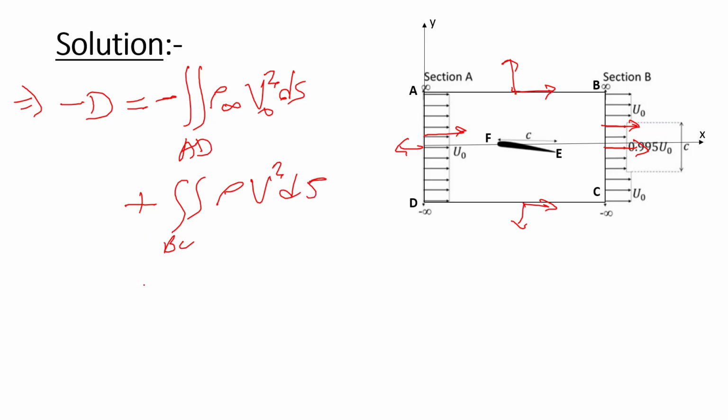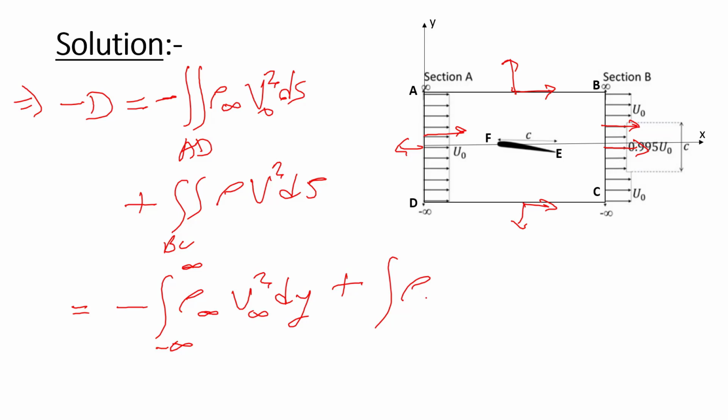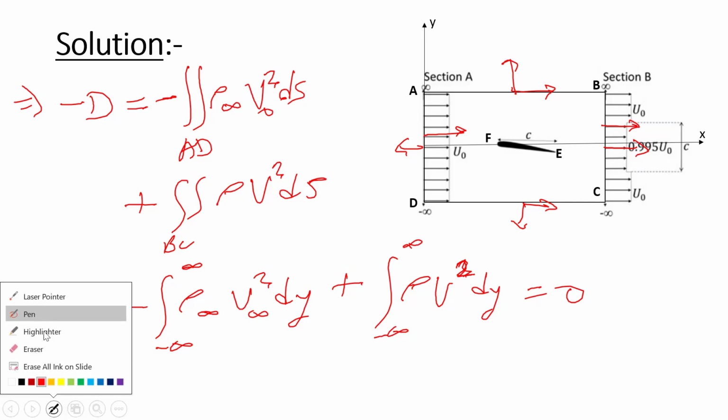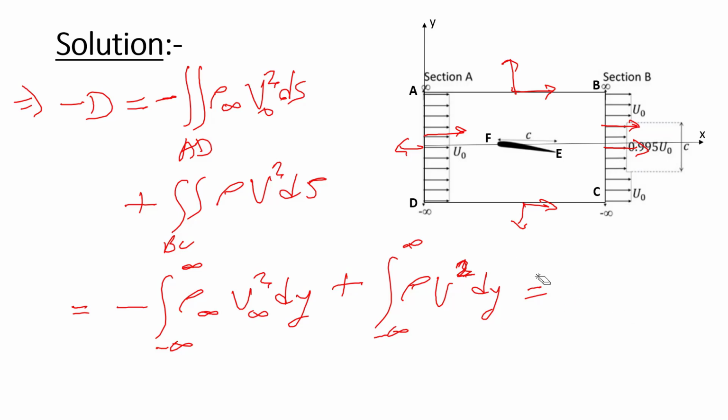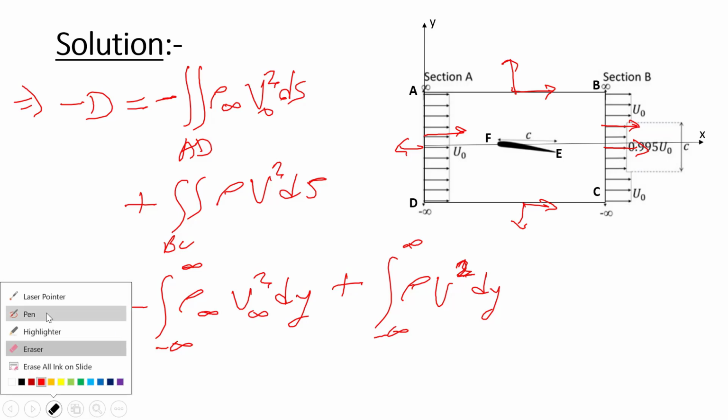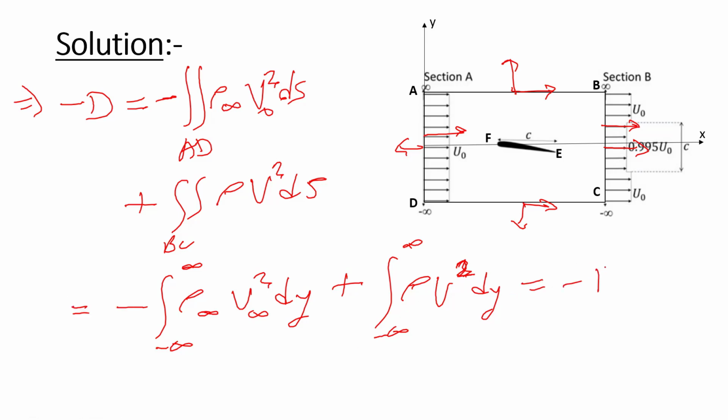We will take unit length in the z direction, so our integration will become minus infinity to infinity rho infinity u infinity square dy plus rho u square minus infinity to infinity dy equal to 0. Sorry, not 0, equal to minus D.